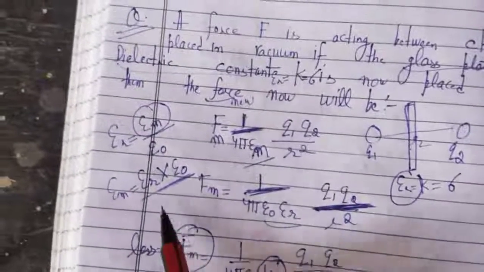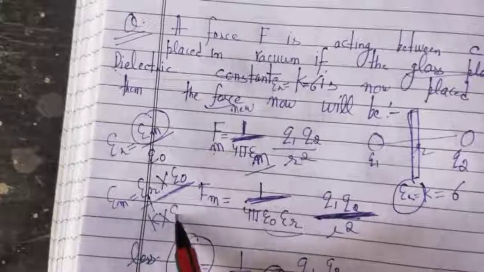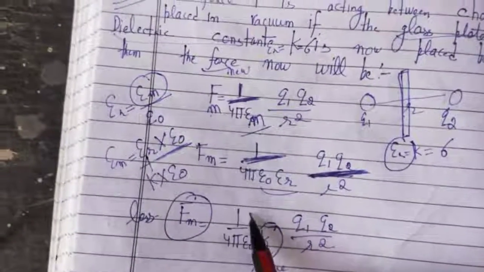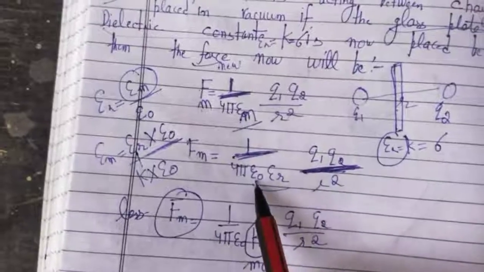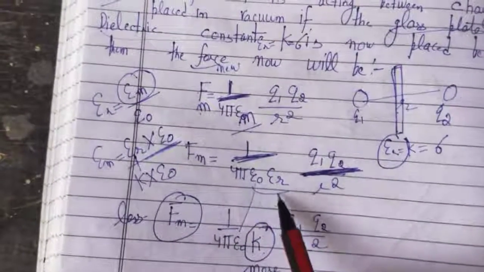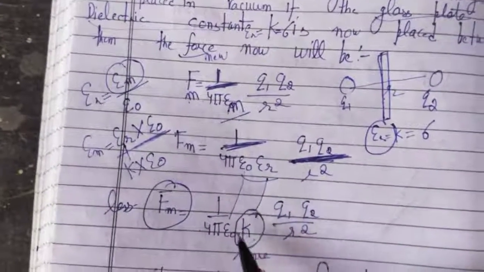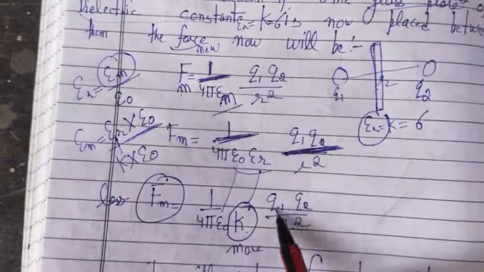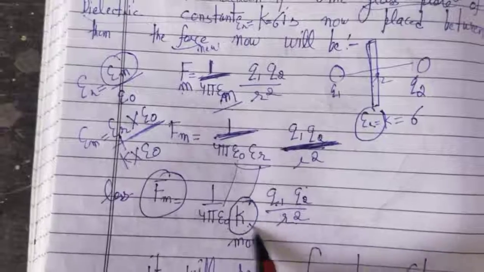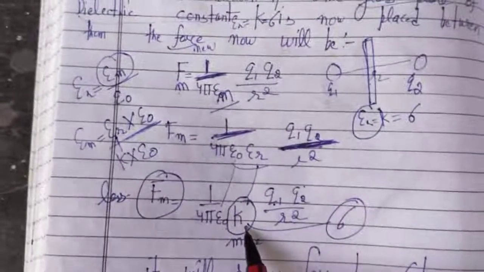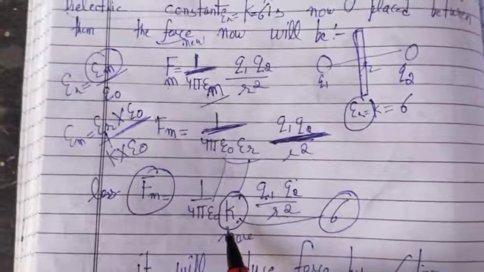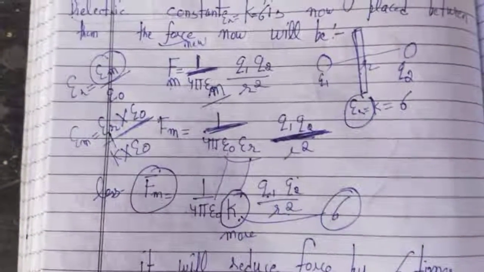And what is the value of this? This is K into epsilon naught, and we have written the value of K. 1 upon 4 pi epsilon naught will remain as such, and epsilon R value will be K. Fm is equal to 1 upon 4 pi epsilon naught K, q1 q2 upon r square. And what is the value of K given in the question? 6. So you can put the value of 6. So the original force will reduce by 6 because our division factor of 6 is coming in the denominator side.